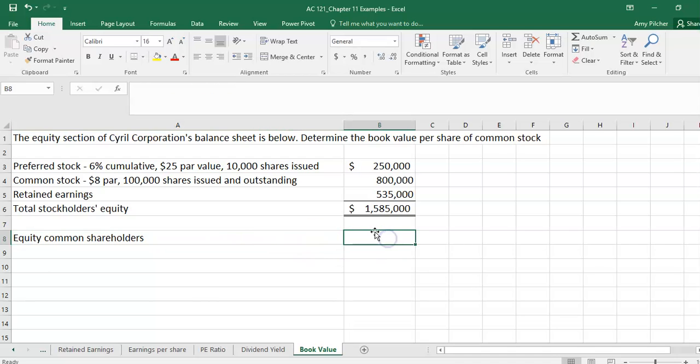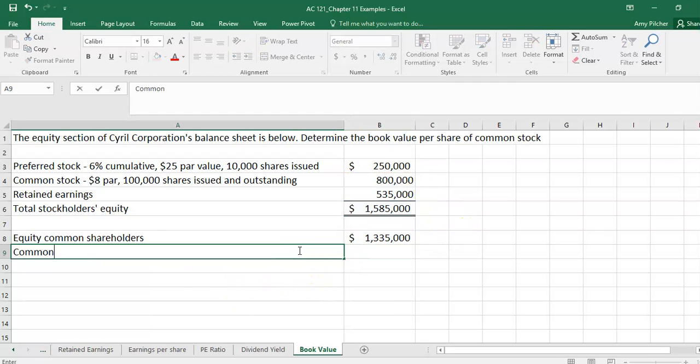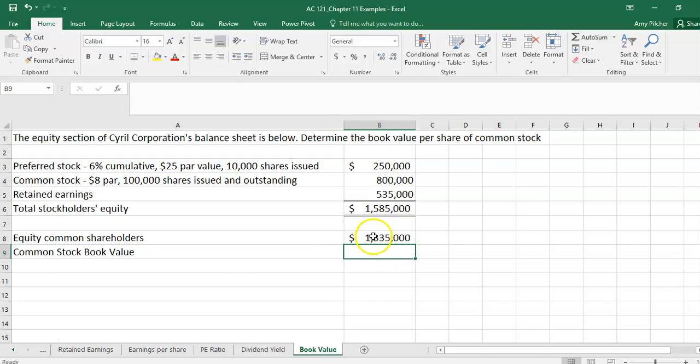So this is our total equity minus any preferred stock amount. So our common stock book value is that amount divided by our shares outstanding of 100,000, or $13.35.